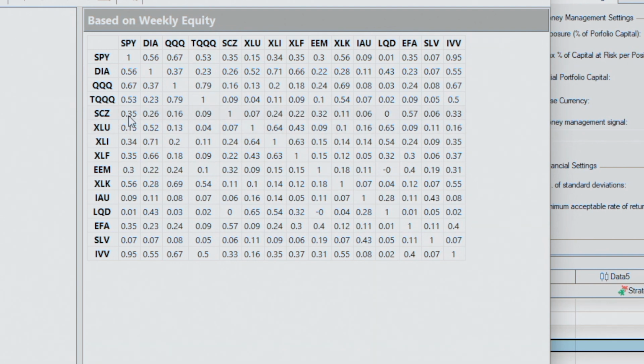So for example, SCZ, this is the small cap world index, it's 35, that's considered not a lot. XLU, of course, these are sectors, even though they are part of the SPY, they are not highly correlated with it. And then EM, this is emerging market, and SLV, these have really low correlation. Of course, IVV, it's like the SPY, except, you know, the weightings are different.